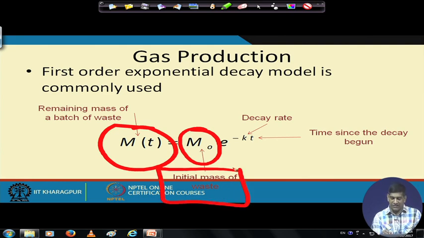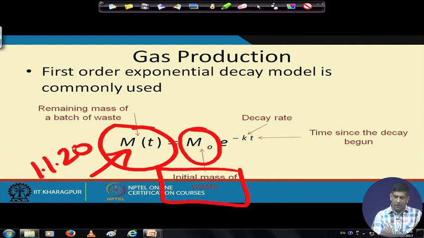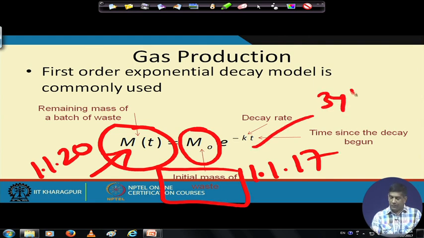From the previous discussion that we had, the date was 1/1/17, and T was 3 years here.